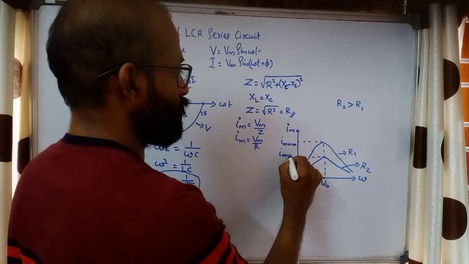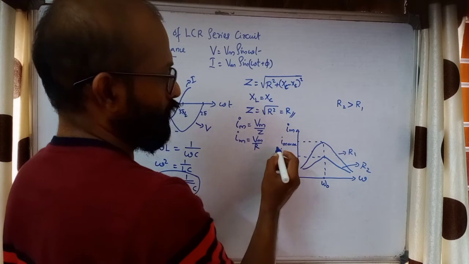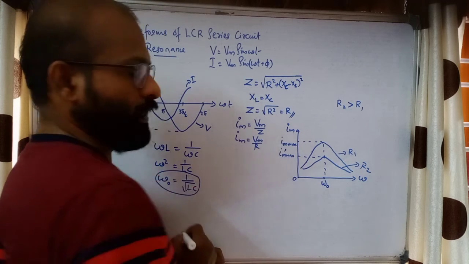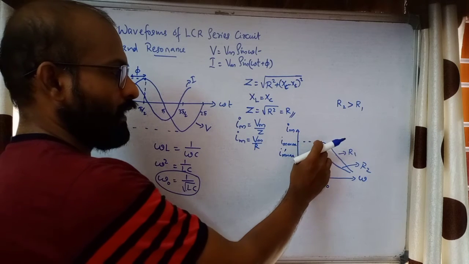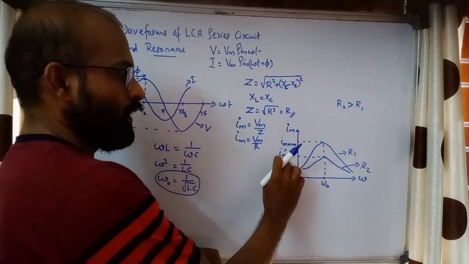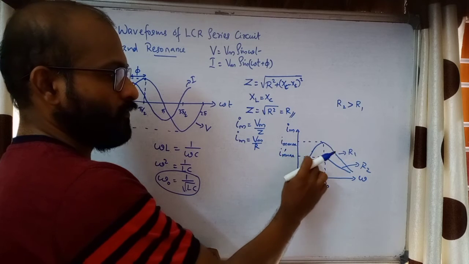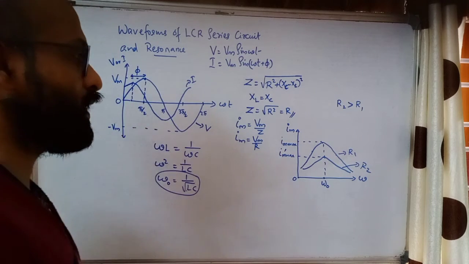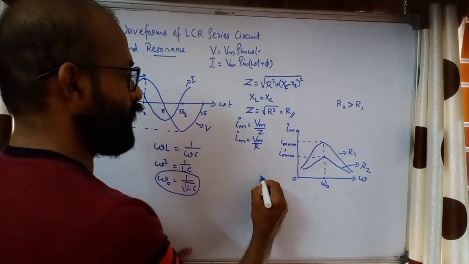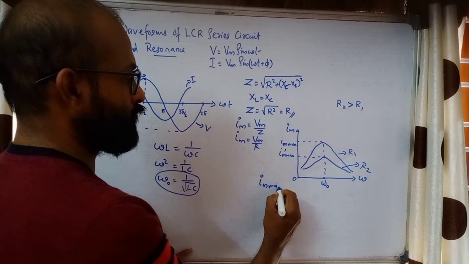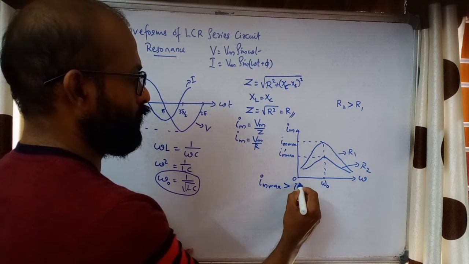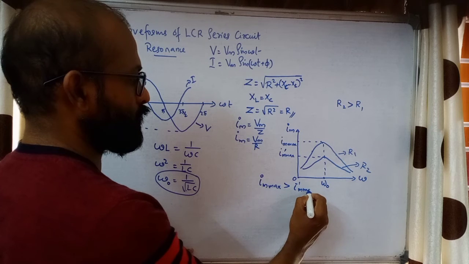Im max is for the resistance R1, and I dash m max is for resistance R2. In the figure you can see Im max is large compared to I dash m max.